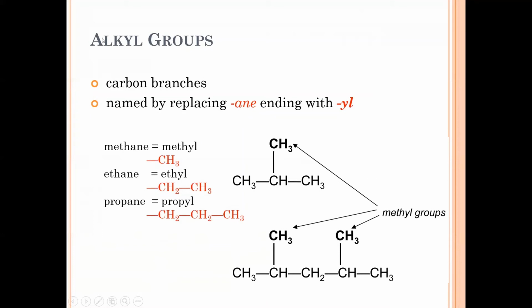So hence, instead of alkane here, this becomes alkyl. So this one would be methyl. 2 will be ethyl. 3 will be propyl. I will not ask you any groups of 4 and up. So you only have to know these 3. These are the 3 biggies: methyl, ethyl, propyl.